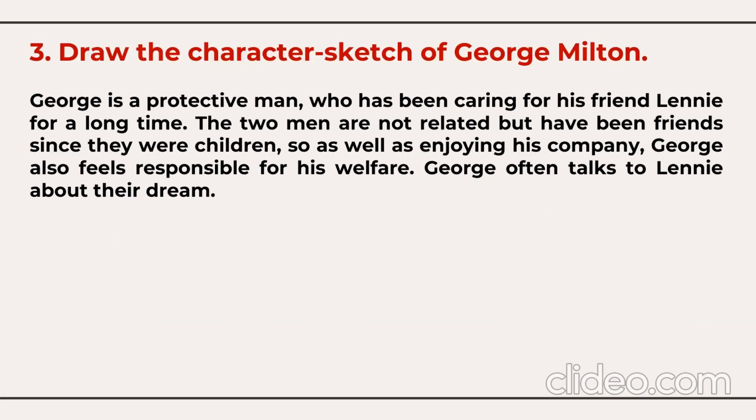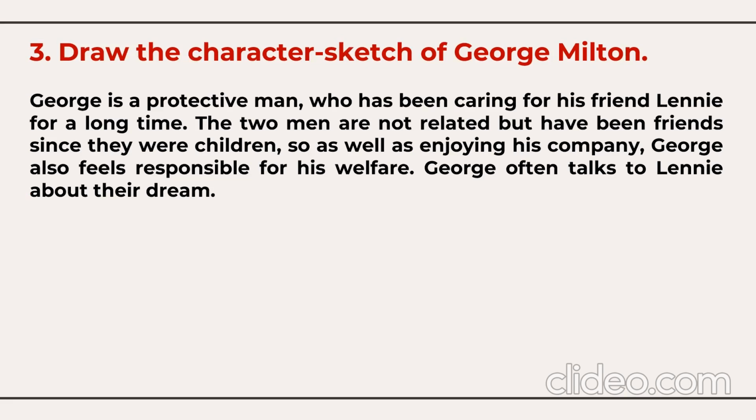Third question, draw the character sketch of George Milton. George is a proactive man who has been caring for his friend Lenny for a long time. These two men are not related but have been friends since they were children, as well as enjoying his company. George also feels responsible for his welfare.